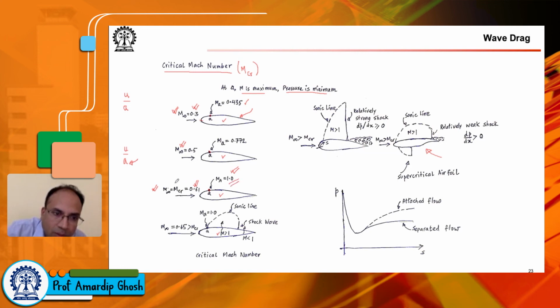So although your free stream Mach number M infinity is 0.61, it's quite subsonic, to be honest. The Mach number at this location A is becoming sonic.